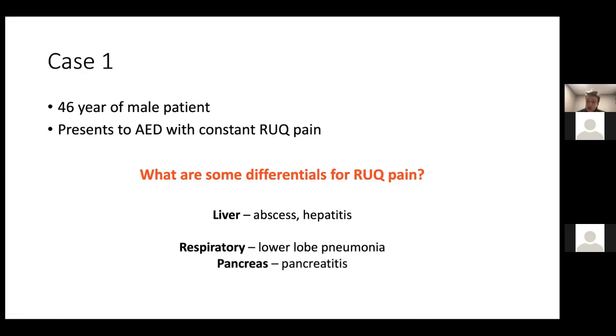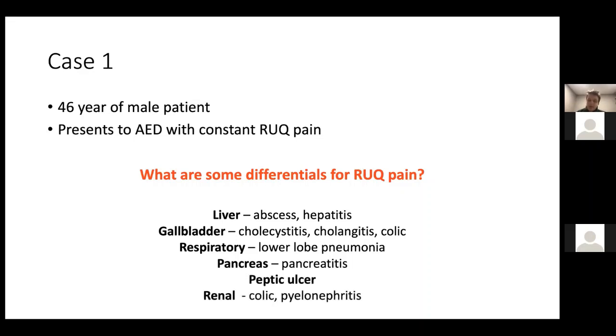Pancreatitis, although classically it's epigastric pain, you might also get some right upper quadrant pain with that. Gallstone disease, like we're talking about today: cholecystitis, cholangitis, biliary colic, peptic ulcer disease, and even renal colic or pyelonephritis.